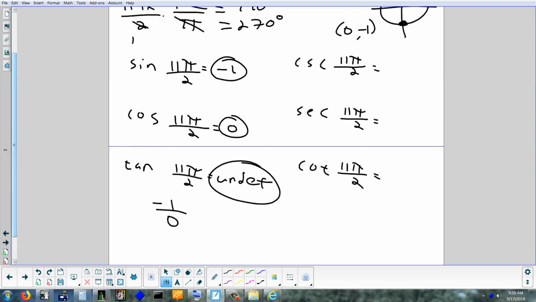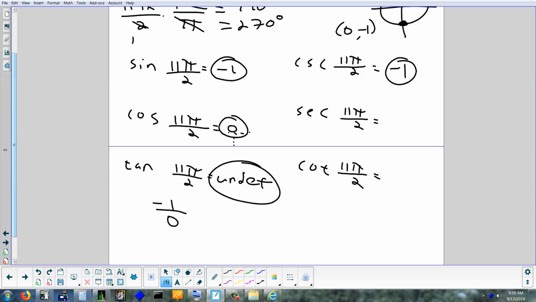Now we take the 3 on the left, and Skylar, what do I do to the ones on the left to get the ones on the right? Flip them. So what do you get if you flip -1? -1. -1 and positive 1 are the only two you flip, and they stay the same. They don't change. Okay, so the next one, think of it as 0 divided by -1.